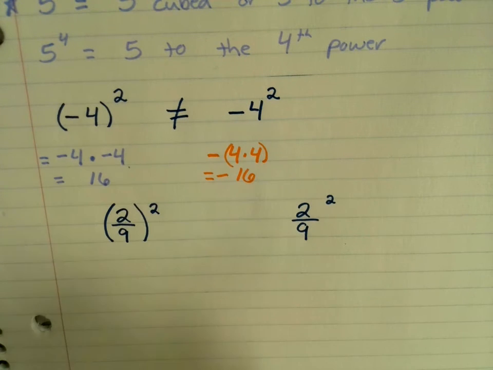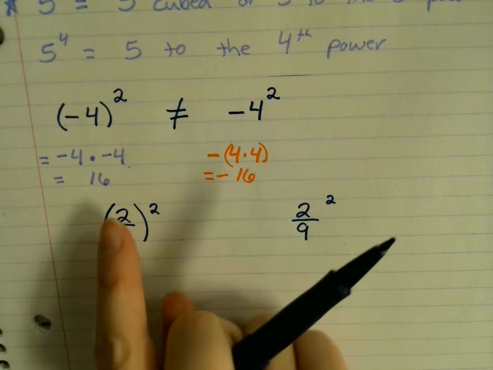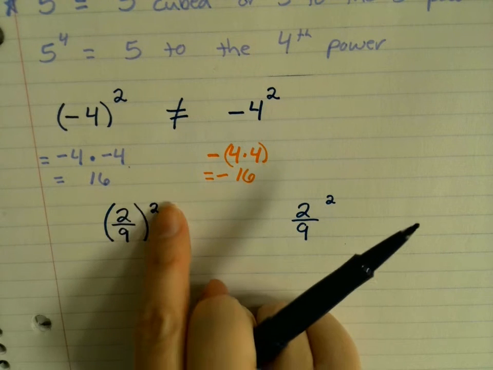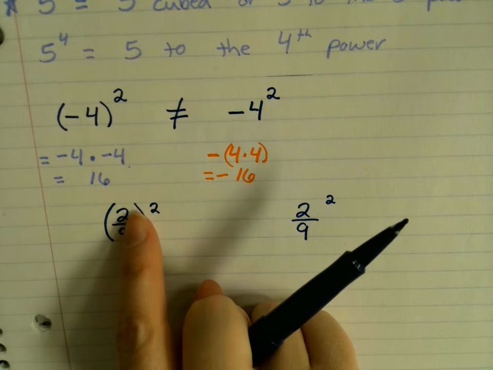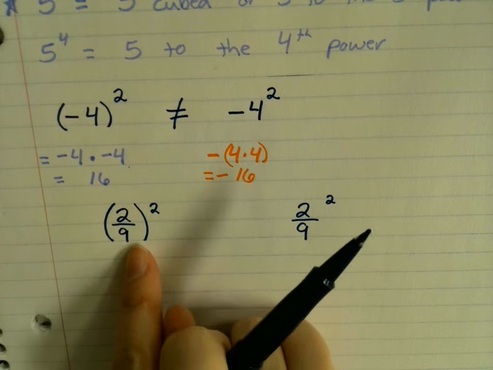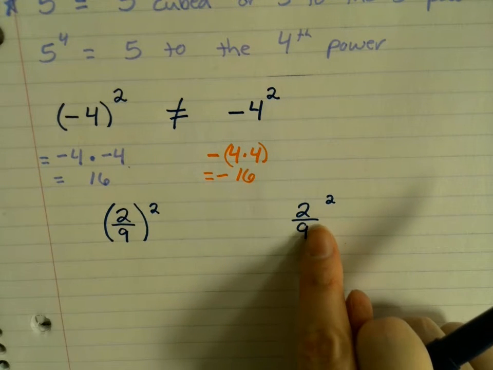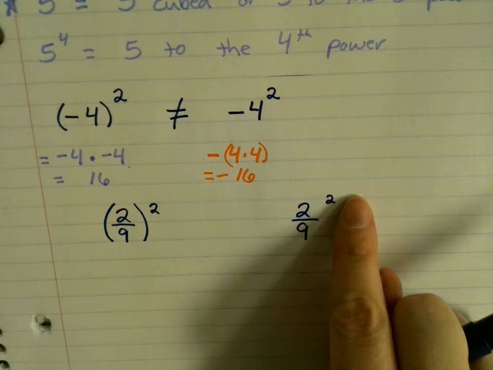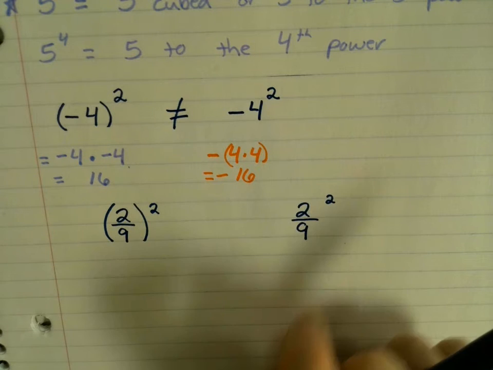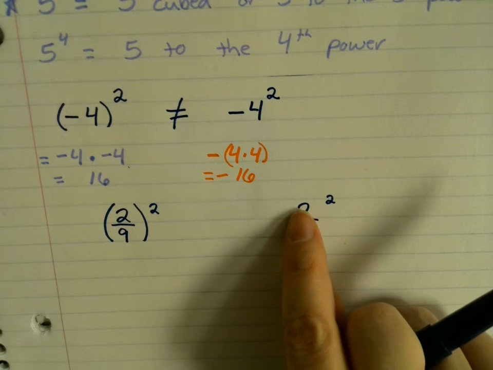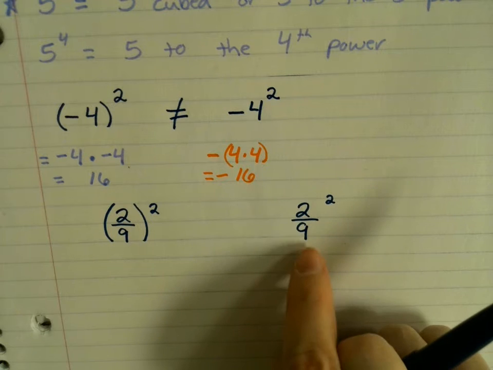What do you think is going to happen here, Eric? Very good. Eric said, okay, when it's in parentheses, that exponent is now going to belong to both numbers, the numerator and the denominator. But when it's not in parentheses, that exponent now only belongs to the numerator. It only is going to extend to that top value and not to the denominator.